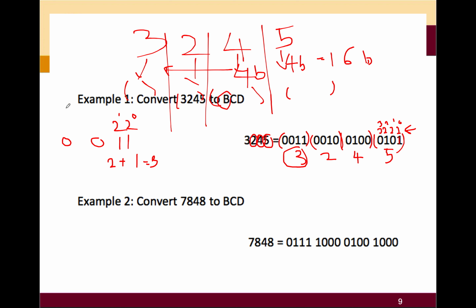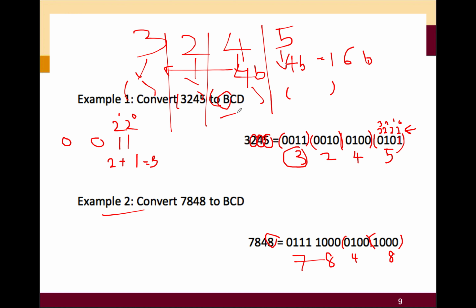Next, example 2: you convert 7848 to BCD code. Similarly, you convert 8 to binary. You will get 1000. This one is represented as 8, and this is 4, 8, 7.